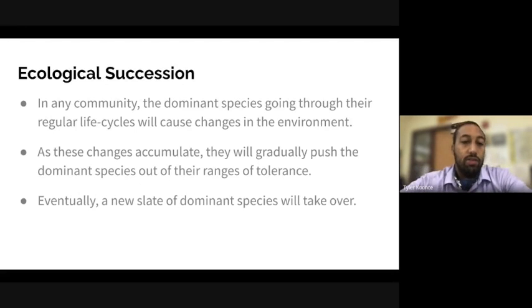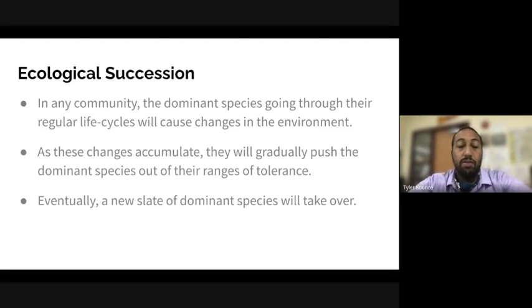So ecological succession. When we have a community, the dominant species going through their regular life cycle will cause changes to the environment. Just by being around, whatever that main dominant species is, it's going to shape its environment and the ecosystem around it. And as those changes add up, it's gradually going to push that dominant species out of their range of tolerance.